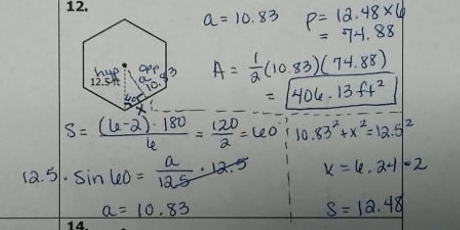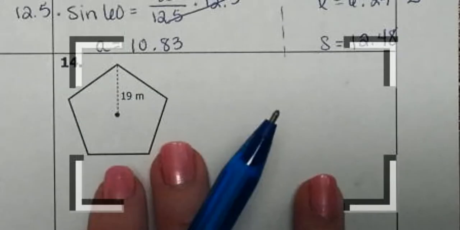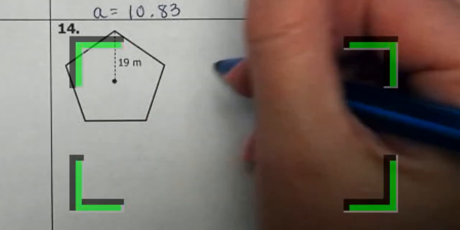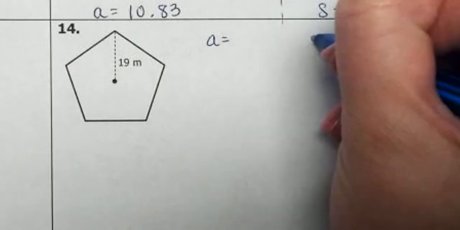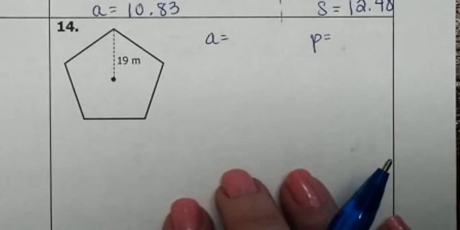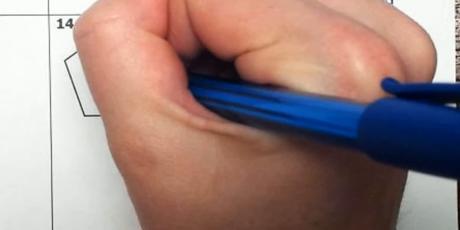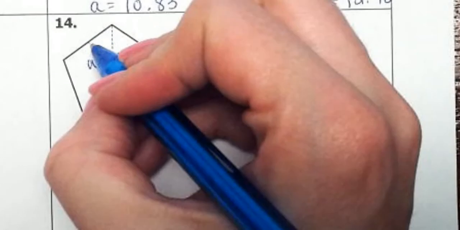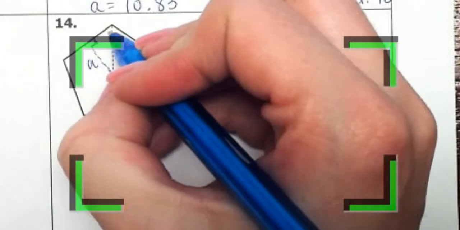Okay, let's work one more problem, number 14. We need the apothem and the perimeter. But what is drawn in there is the radius. So let's draw in the apothem, I'm going to name it A. Here's my 90-degree angle. Here's the angle that I need.